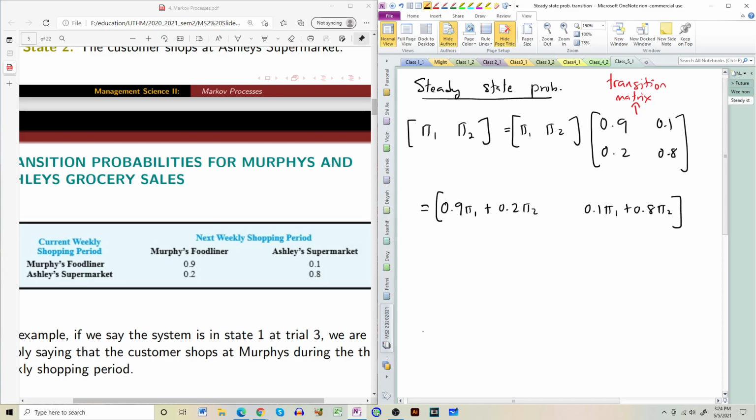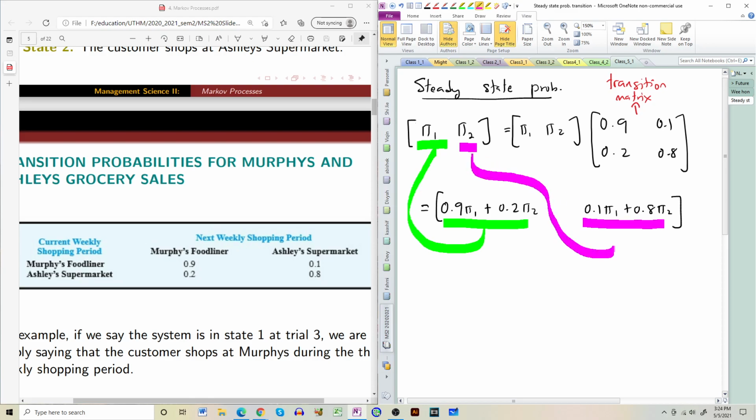If you multiply, you will get this, and naturally you can see that this is equal to this, and this is equal to this, according to our matrix property.